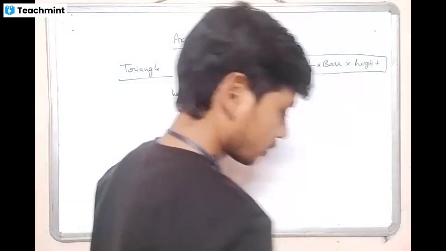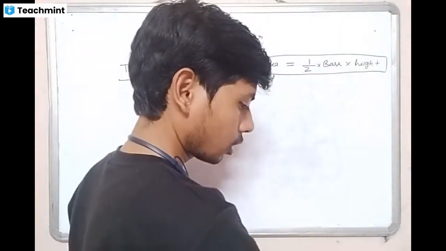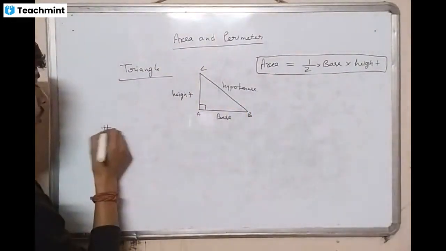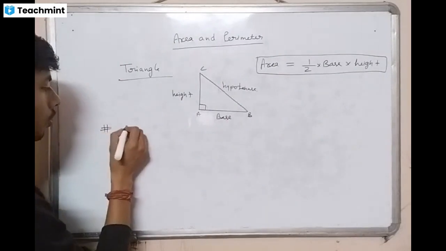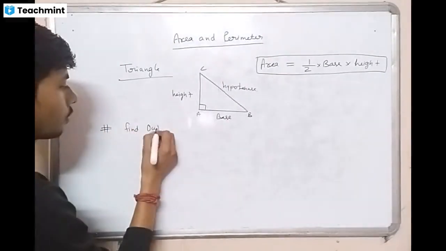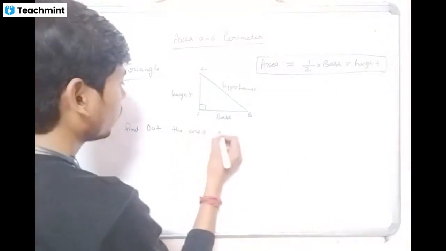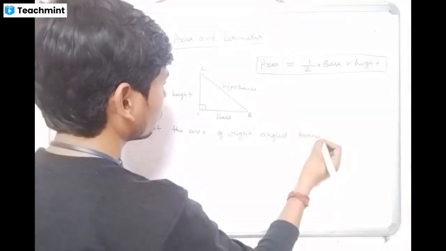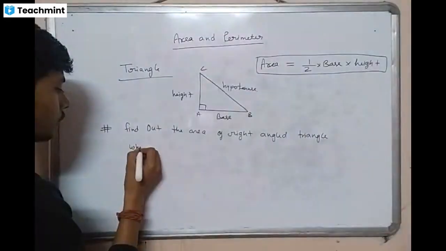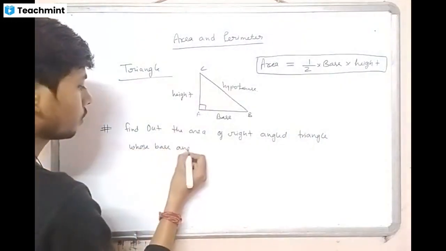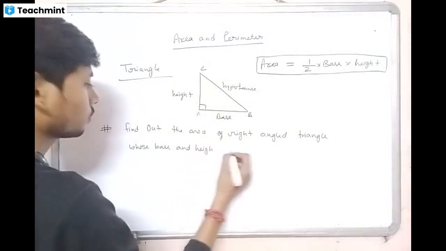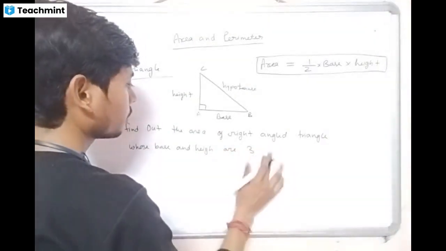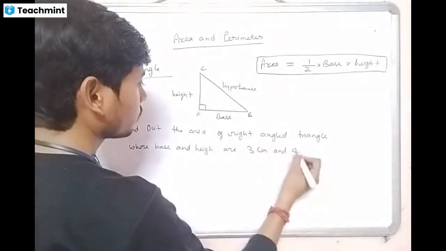Now let's do one question quickly. Suppose you are given a question. Find out the area of a right angle triangle whose base and height are 3 centimeter and 4 centimeter respectively.